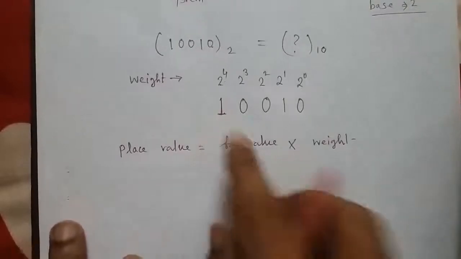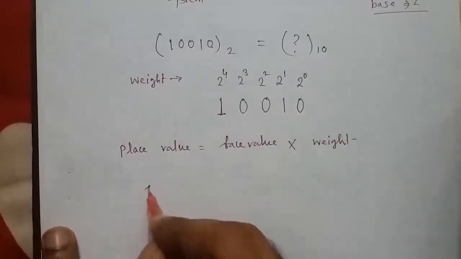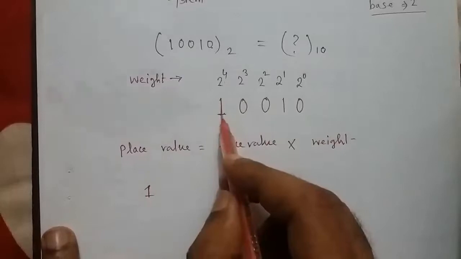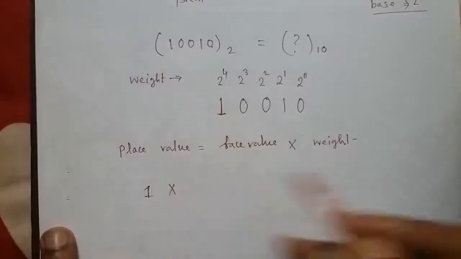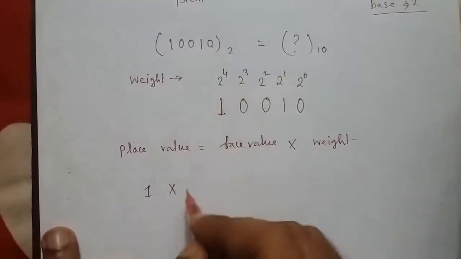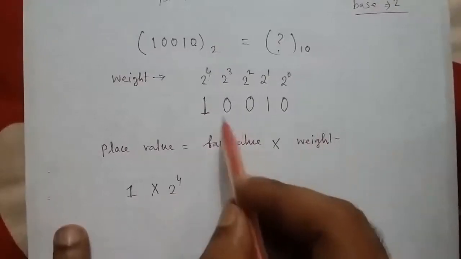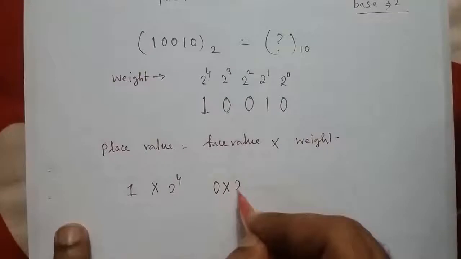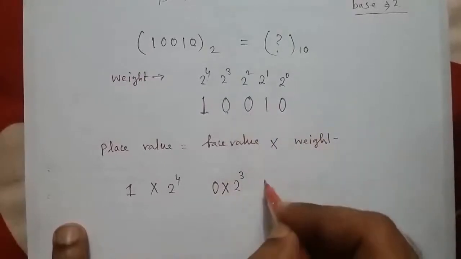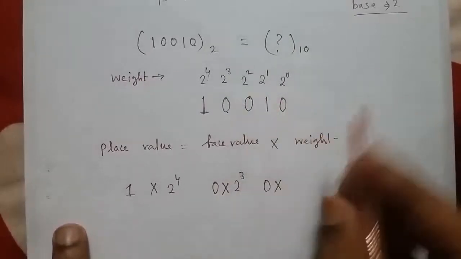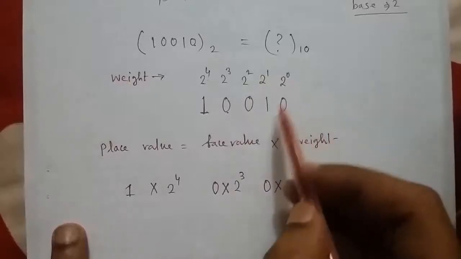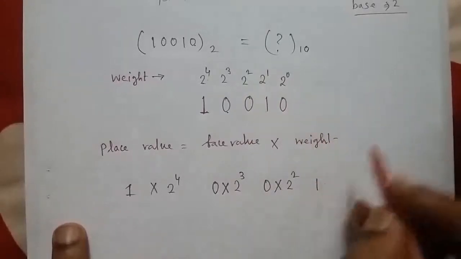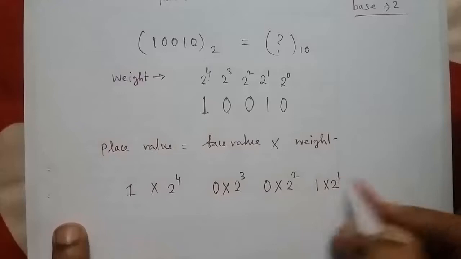So for this bit, what will be the place value? Face value is 1 into the weight 2 to the power 4. For this one, 0 into the weight 2 to the power 3. For this one, 0 into 2 square. For this one, 1 into 2 to the power 1.